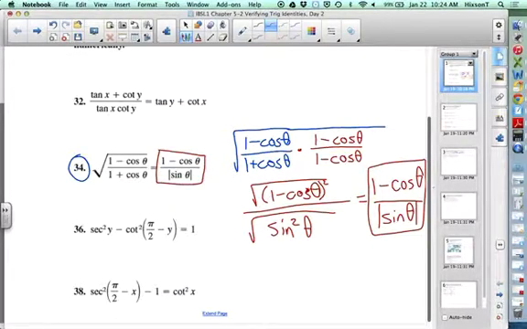Now, it's possible you may want to simplify it some other way. I'm not sure exactly how. I guess we could write it as cosecant minus cotangent if we really wanted to. But if it just said simplify and didn't tell us where to stop, then we might do that. But in this case, we'll just leave it there.